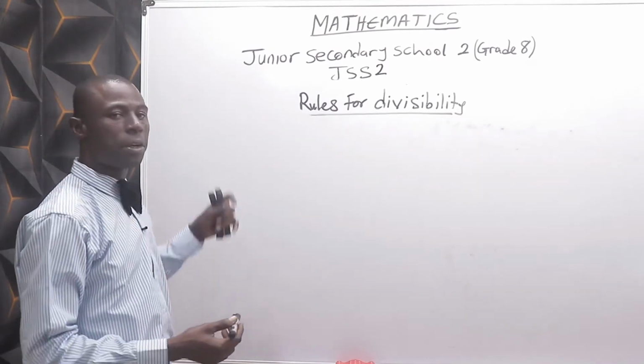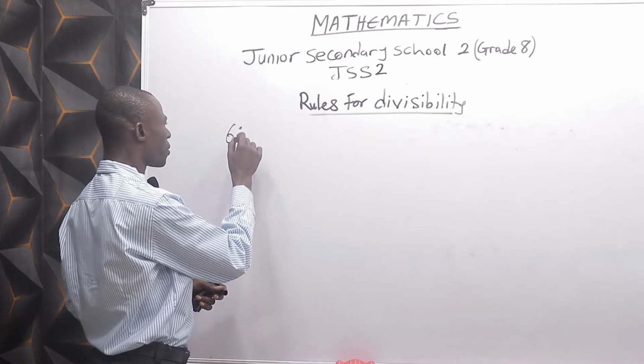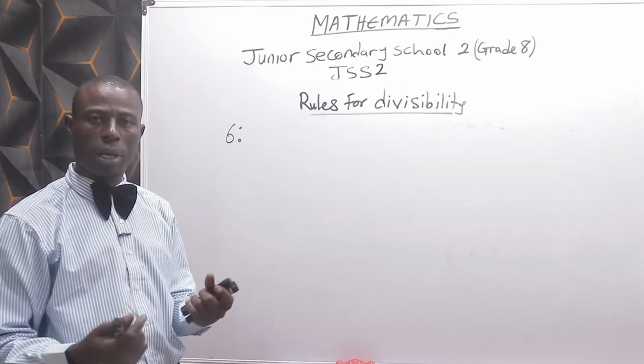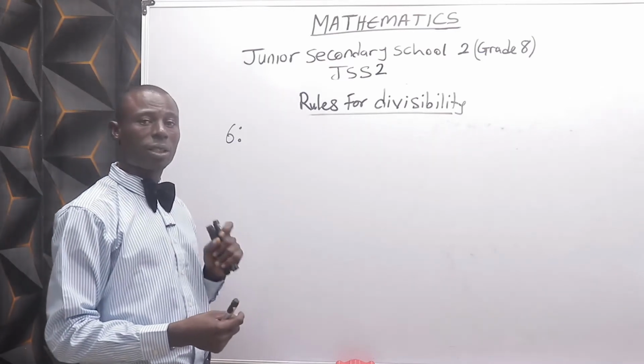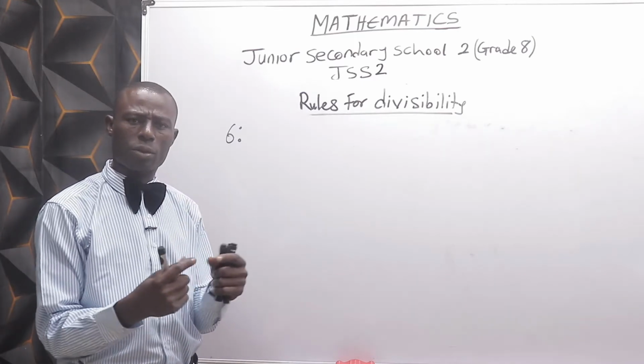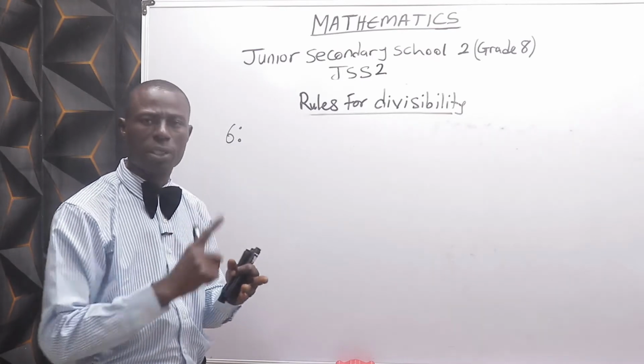Let's consider another number in the rule of divisibility. Let's consider number 6. For you to know whether 6 can divide a number, you must know the rule attached to it. Number 6 combines the characteristics of number 2 and number 3 in divisibility.